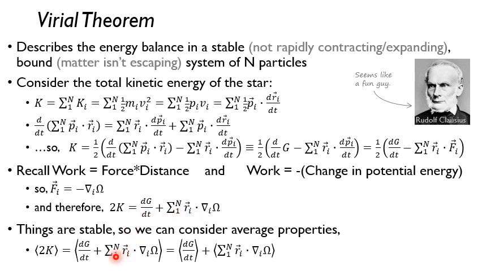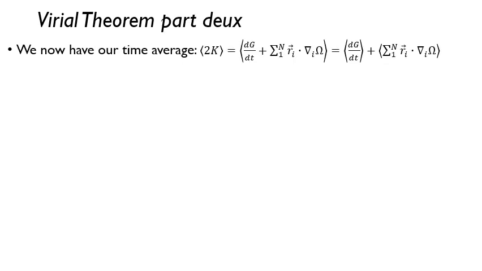And as you probably know, or you can convince yourself, the average of a sum is equal to the sum of the averages. This is less clear with the time average, but with an ensemble average, so averaging over many stars, for instance, it's pretty clear that this is true, that you can go from this average to the second one here, where you have the sum of averages.